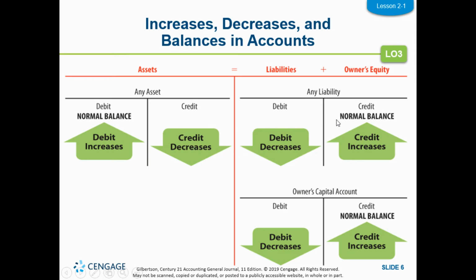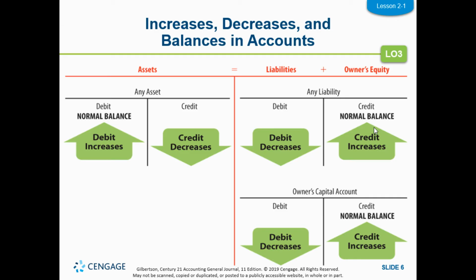If we want to increase anything on the right side of the accounting equation, liabilities plus owner's equity, the credit is the normal balance, like a liability, like owner's equity. If we want to increase a liability, we're going to credit the liability. We now owe more money. And again, when we offset assets and liabilities, I think when we practice this, it'll make a whole lot more sense.